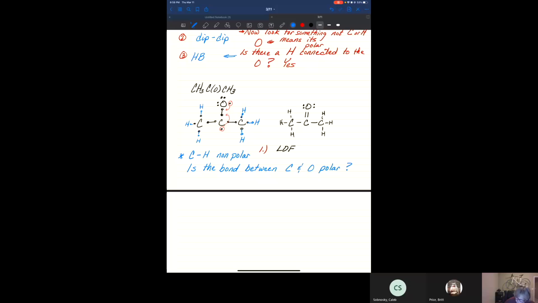Well, the electronegativity of carbon is 2.5, and the electronegativity of oxygen is 3.5.